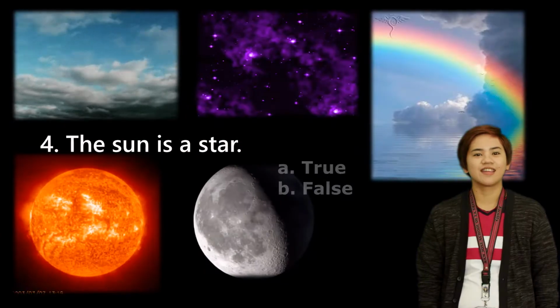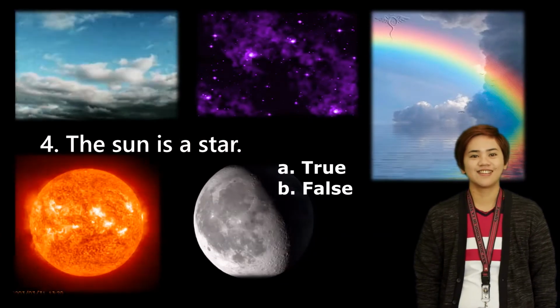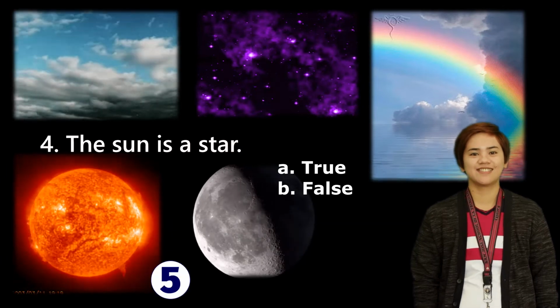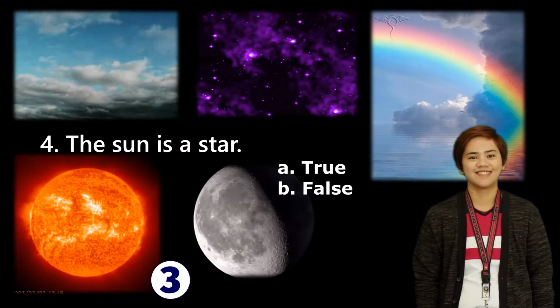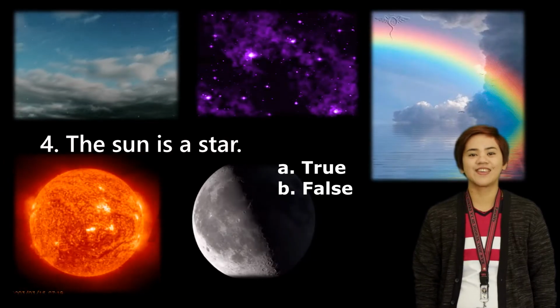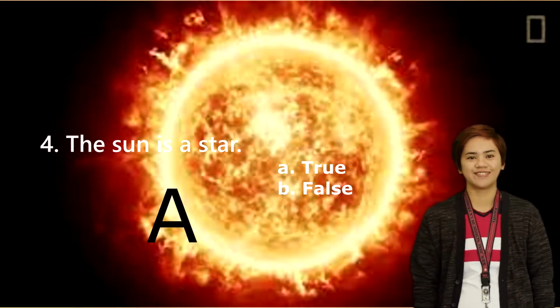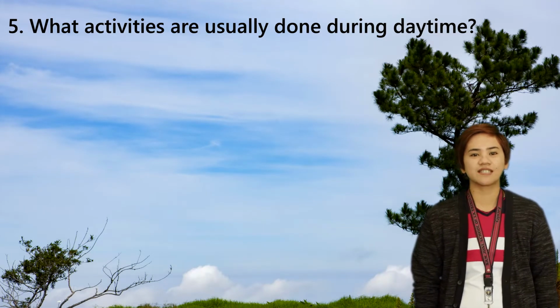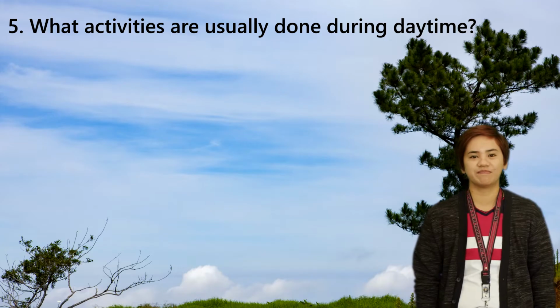Number 4. The sun is a star. Is it A. True? Or B. False? Awesome. The answer is A. True. Number 5. What activities are usually done during daytime?